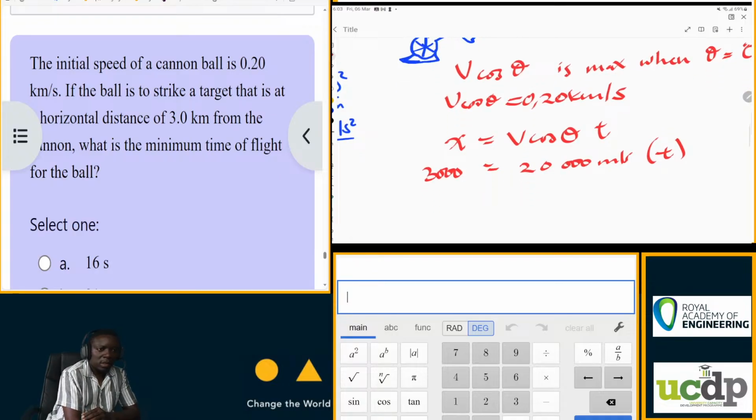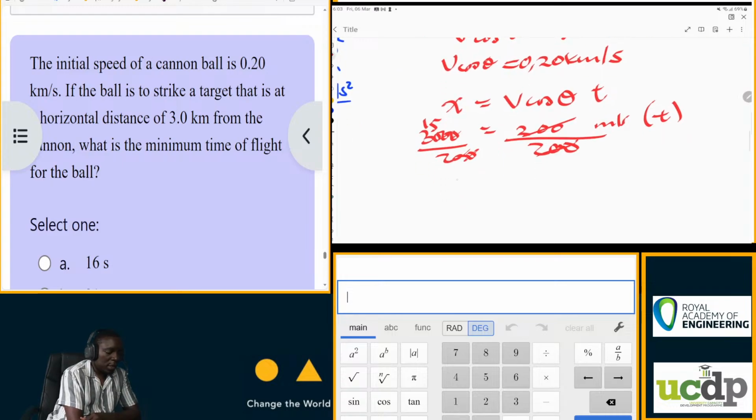That makes it 200 meters. 0.2 kilometers is 200 meters. So when we divide by 200 on both sides, what do we get? 15. So this is 15 seconds, which is the least time.